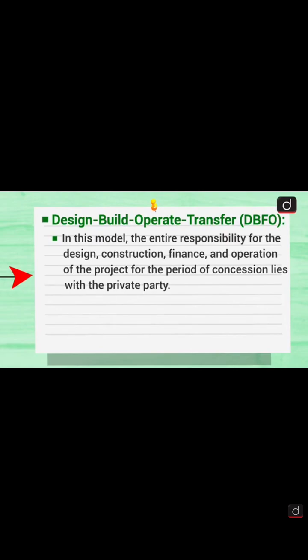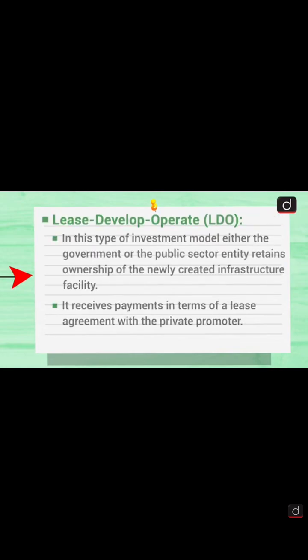Now design, build, operate, transfer. In this model, the entire responsibility for the design, construction, finance, and operation lies with the private party. All the things have to be done by the developer and operator.